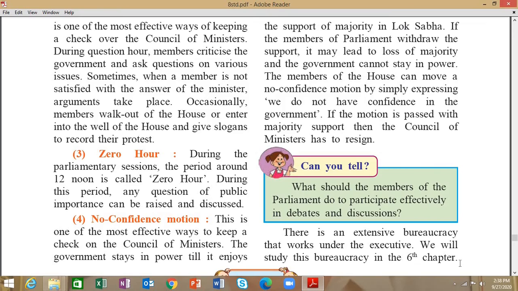If there is a no confidence motion, they are removed from power. Thus, I say, executive play an important role in the parliament, but they remain in office till they enjoy the confidence.